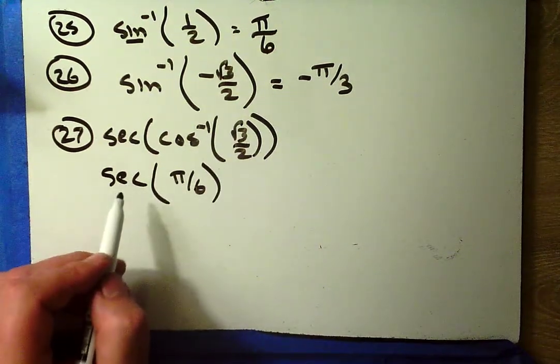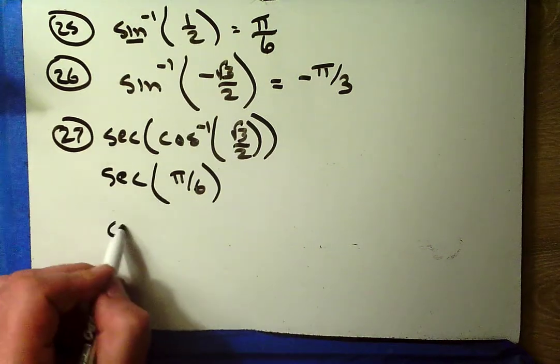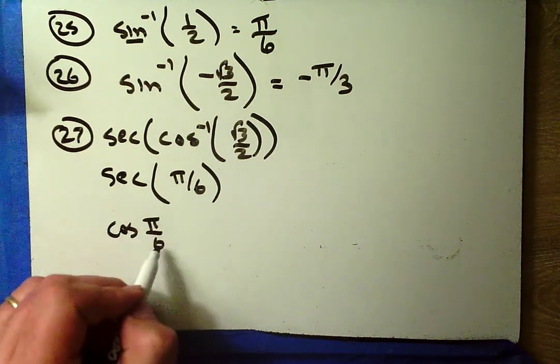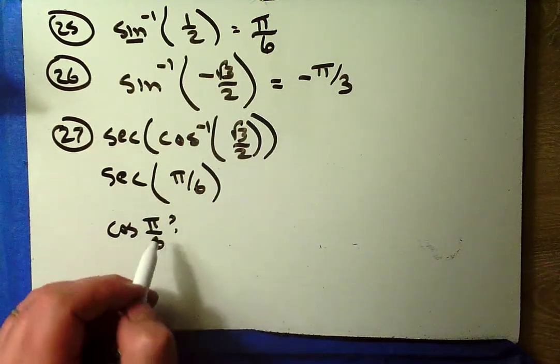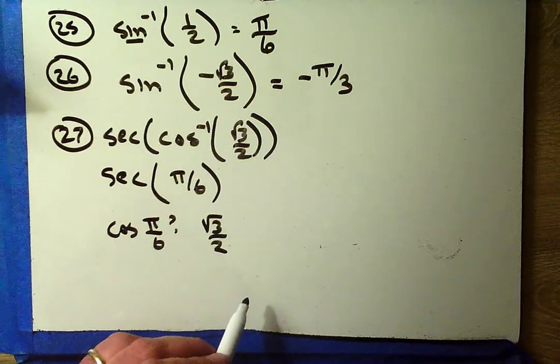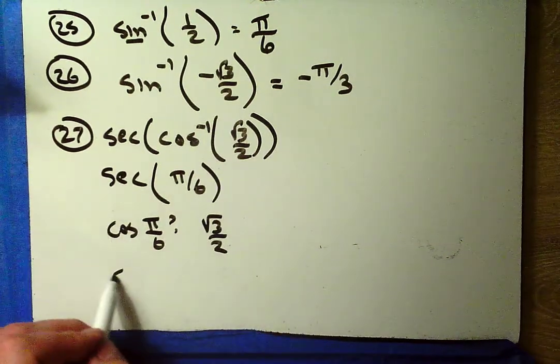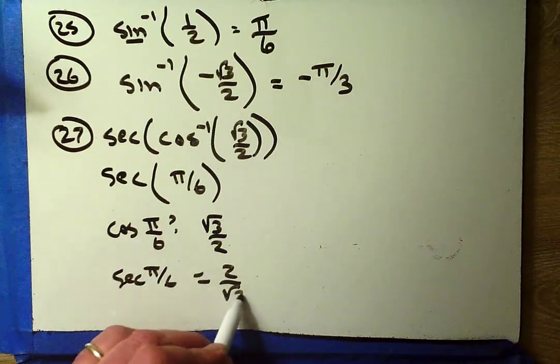So we're asking, what's the secant of pi over 6? Well, what's the cosine of pi over 6? And flip that answer upside down. So the cosine of pi over 6, wait a minute, we already knew that. So if that's the cosine, then the secant of pi over 6 is going to be 2 over root 3.